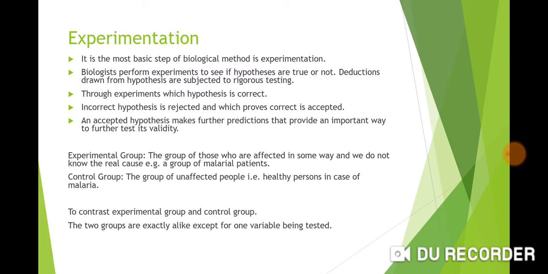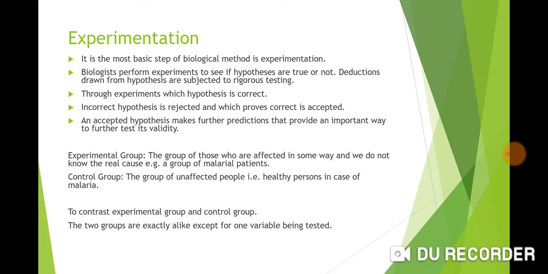Experimental group is the group of those who are affected by a problem. For example, malarial patients, they are affected with the outbreak of malaria. And a control group, which is the same experiment conducted with healthy persons who do not have malaria.